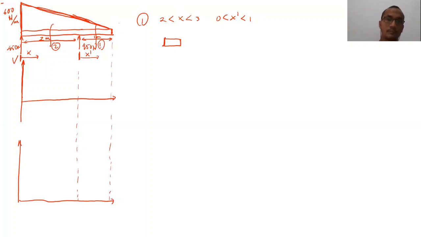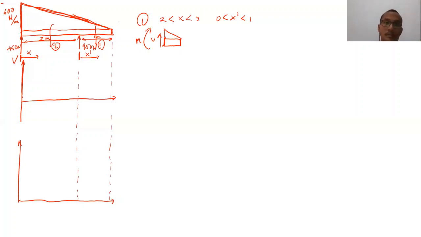So this is roughly the free body diagram, and there will be a triangle distributed force there, and on the left side, as usual, V positive is going down and moment positive is clockwise. Yeah, sorry, not going down. V positive is going up. Sorry, my mistake. V positive is going up and moment positive is clockwise.